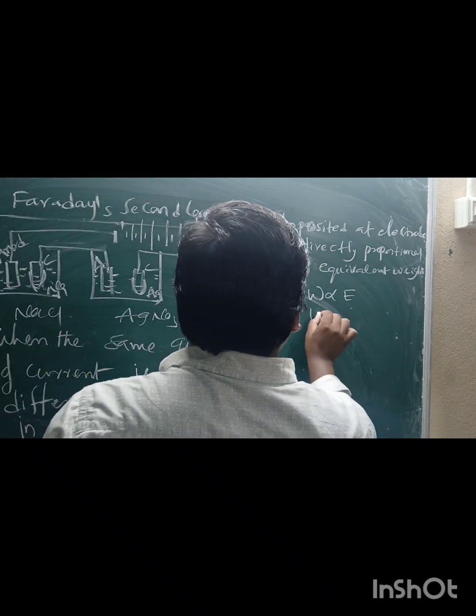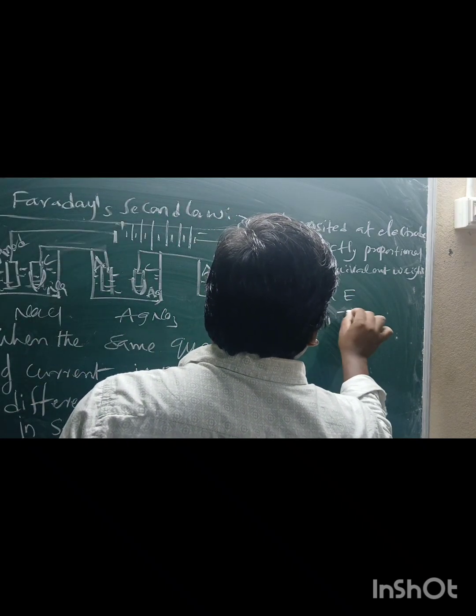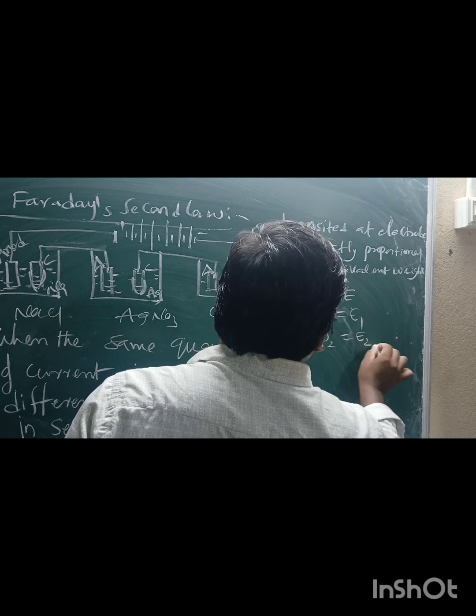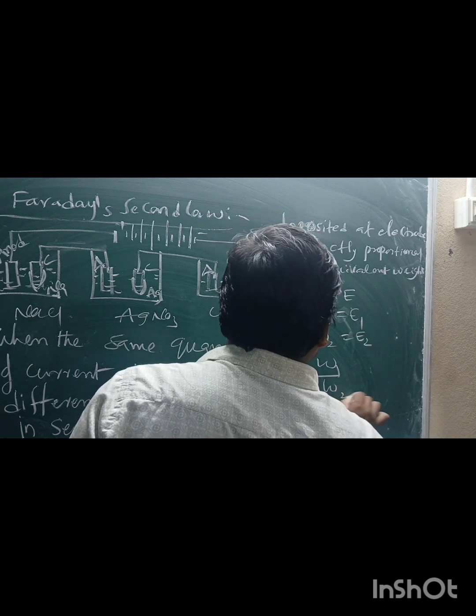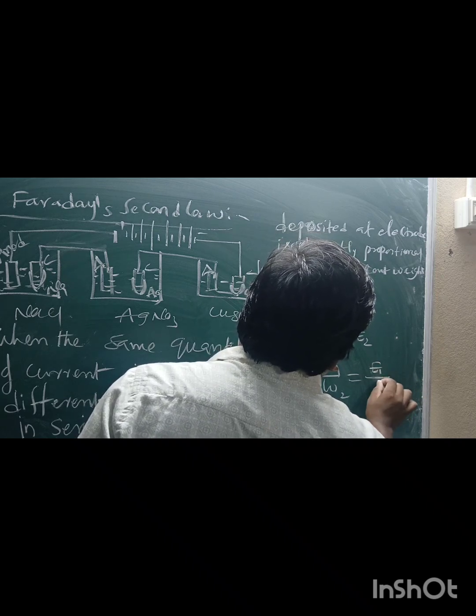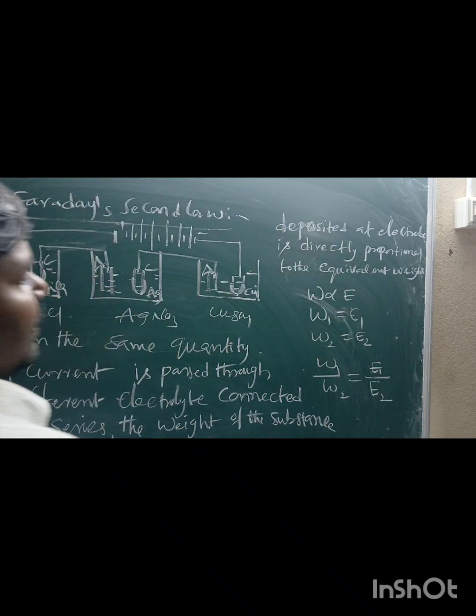If you take W1 is directly proportional to E1, W2 is proportional to E2, then the ratio W1 by W2 is equal to E1 by E2.